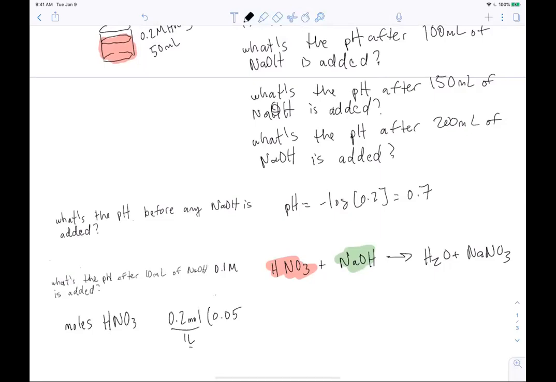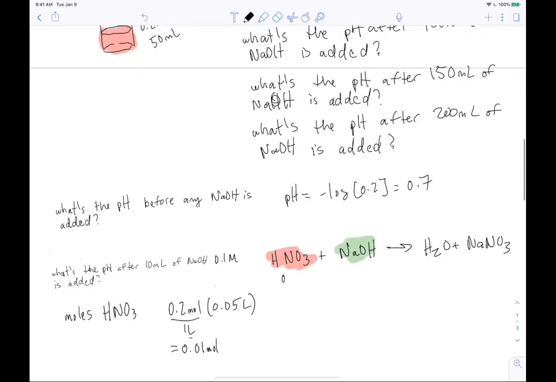So that's 0.05 liters. And what I end up with here is 0.01 moles of nitric acid. So that's what I'm starting out with.